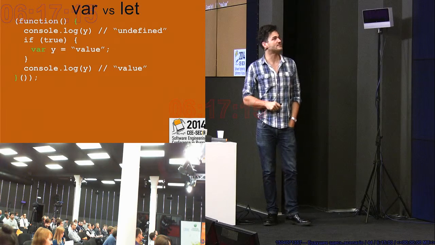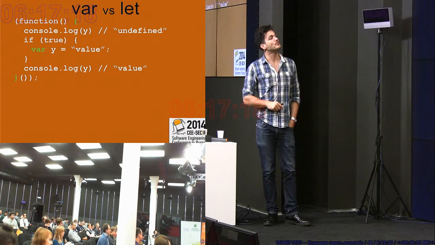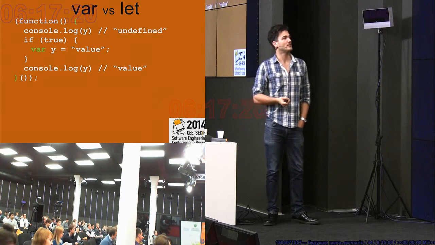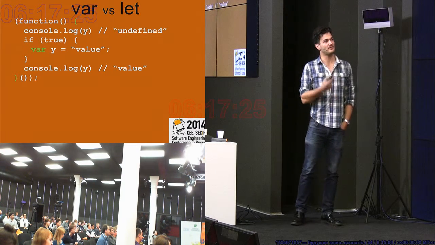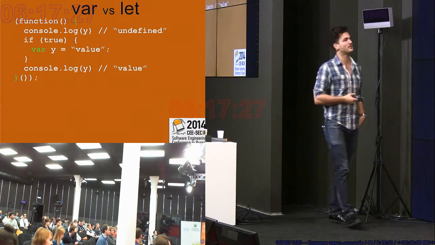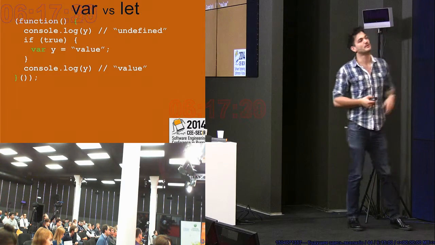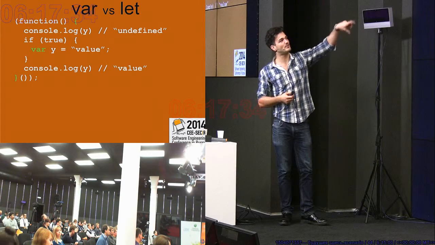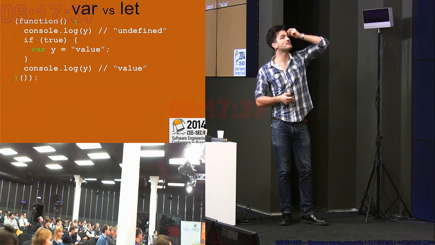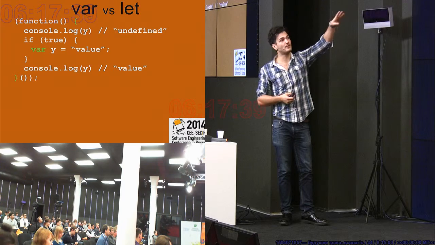So let's look at an example. Currently, if you're using var, what happens is that even if var is defined in a block, like this if true, the compiler will hoist y at the top of the function as the first line. So it will be like var y equal undefined.